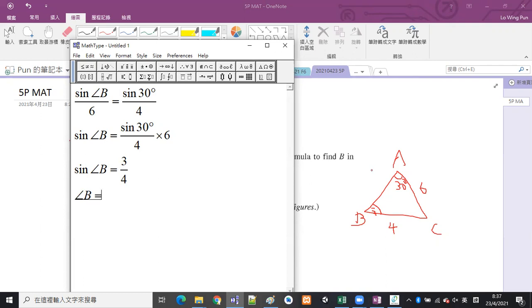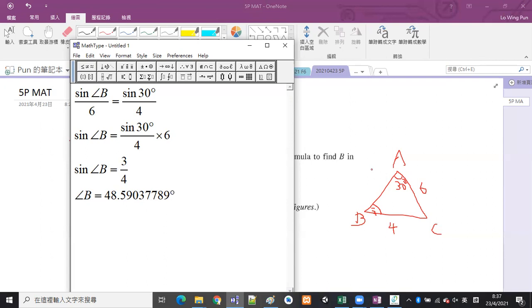It should be 48.59037789 degrees. This is the place where I need you to put a star. This is the first possibility of angle B.